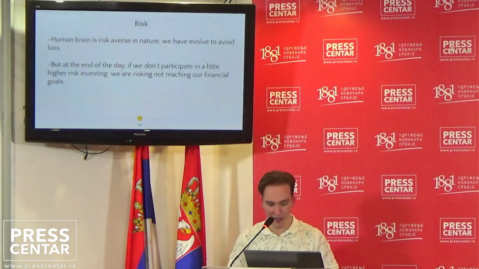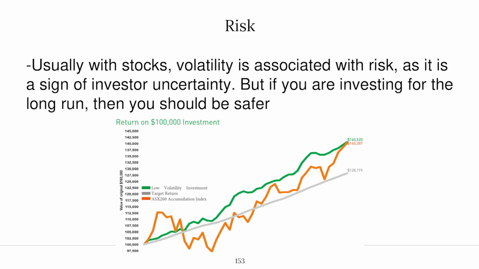Usually with stocks, as I mentioned earlier, volatility is associated with risk, meaning that the more the stock moves rapidly, the riskier it is. You'll see two stocks that have the exact same initial value and the exact same end value, the green stock and the orange stock.